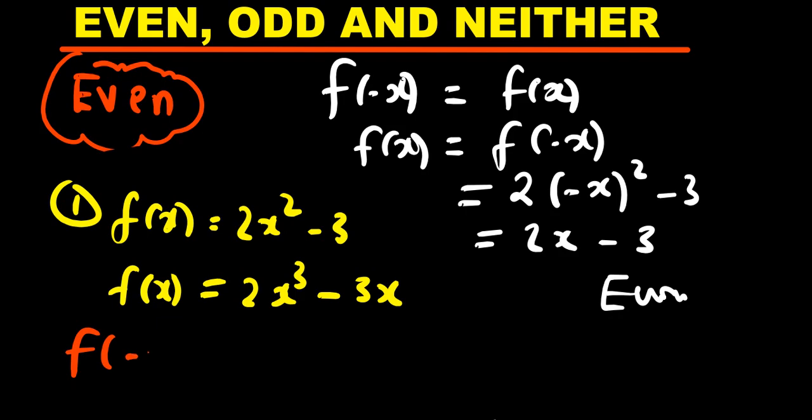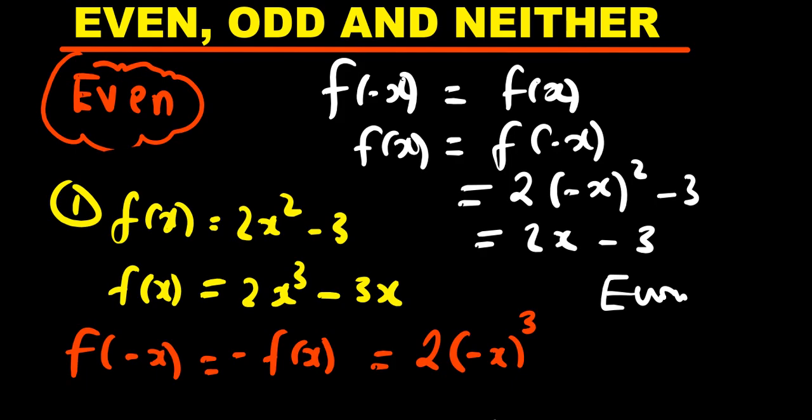Then if we're solving the second one, we're going to say f of negative x is equal to negative f of x, just to show that it's an odd function. So what you're going to do is say 2 times negative x to the power 3 minus 3 times negative x.